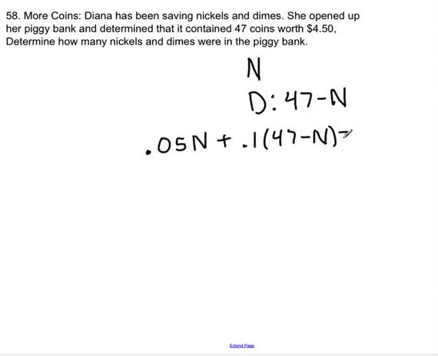All together that's going to be worth $4.50. So we get 0.05n plus 0.1 times 47, which is 4.7, minus 0.1n, and that's going to equal 4.50.